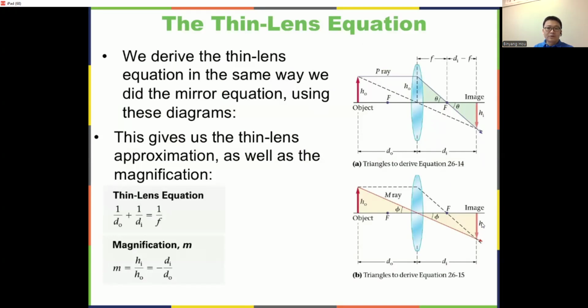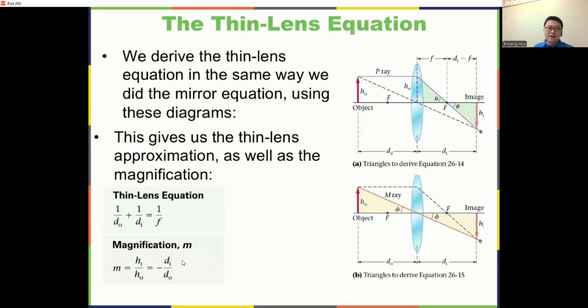And then for the second equation, HI over HO will be equal to DI over DO, okay? And then just derive through for a few steps, and you'll arrive at this thin lens equation. So it turns out to be the same as the mirror equation, okay?